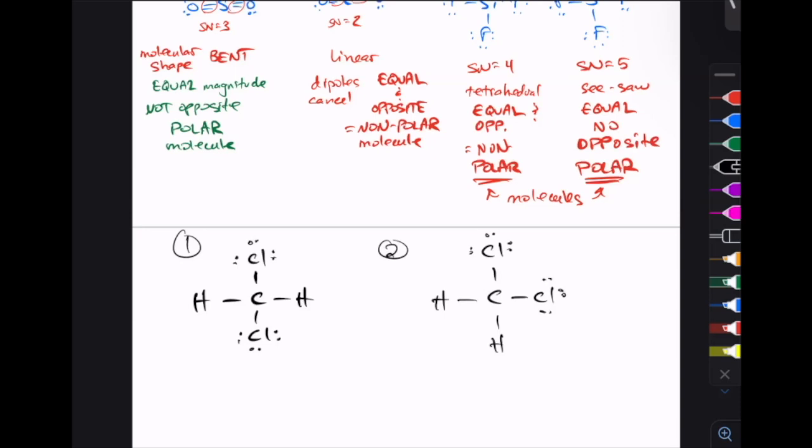Which one will have the highest boiling point? 1 or 2? Show of hands. Almost all of you who raised your hand, who committed to an answer, chose number 2. But half of you didn't choose anything. Here, let me give you a third option.